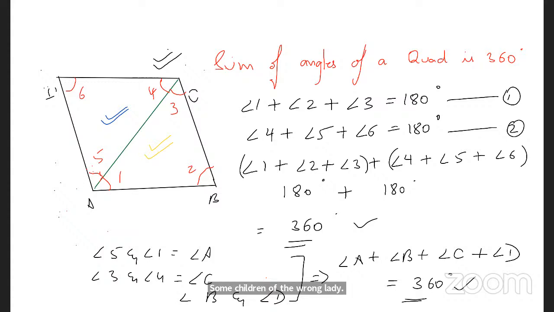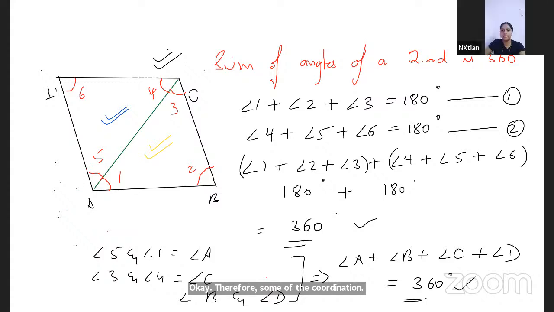Therefore the sum of angles of a quadrilateral is 360 degree. Hope it's clear to all of you.